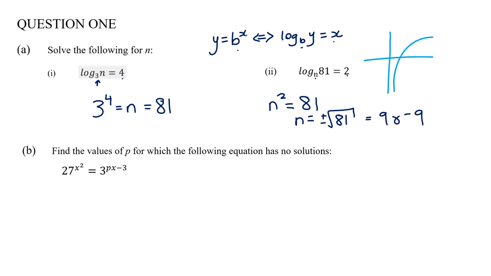And there was no logs of negative numbers. So what does that mean? Can't be negative 9, therefore n is 9. Okay? Now, probably some of you just gave me 9s to start with, but you needed to tell me that it could be 9 or negative 9 and get rid of that.